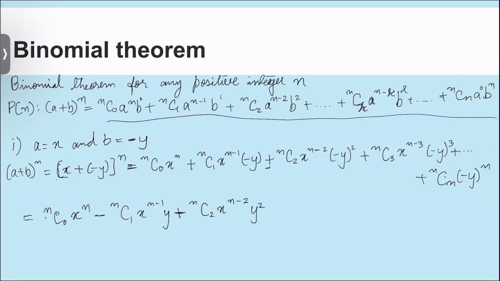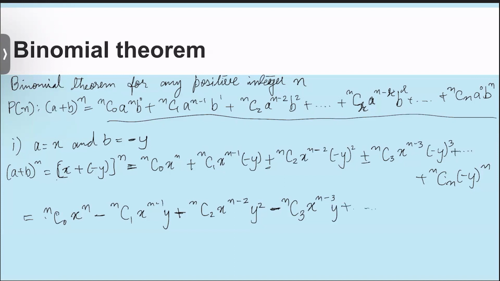And then for minus y cubed, any negative number when cubed gives a negative result, so the sign changes and this becomes minus nC3 x raised to n minus 3 y cubed.